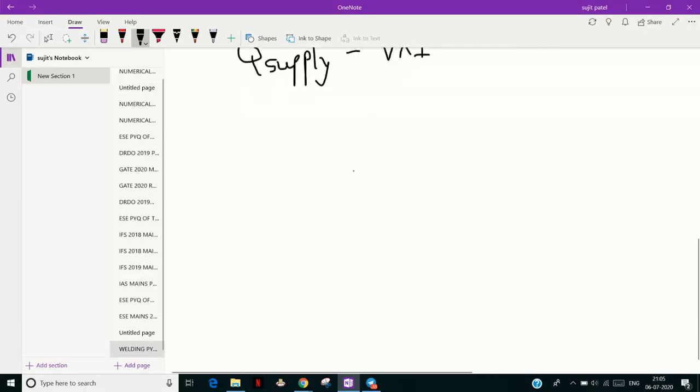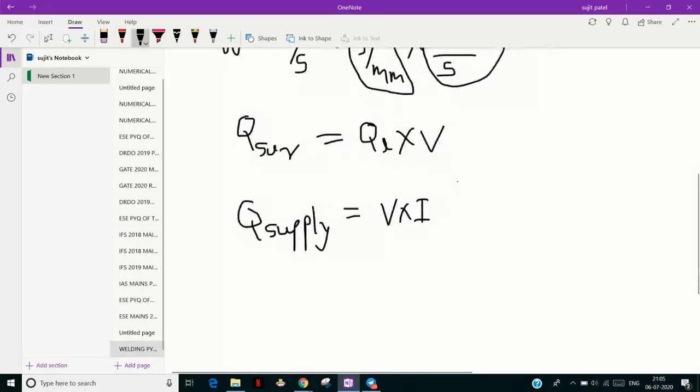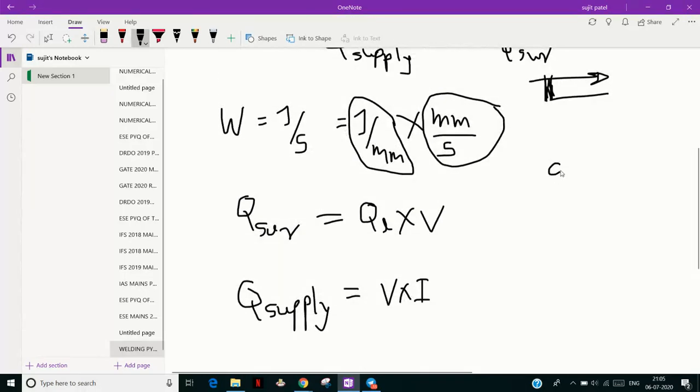Here we have to find the ratio of QL, that means heat transfer per unit length for the first coupon upon heat transfer per unit length for the second coupon.